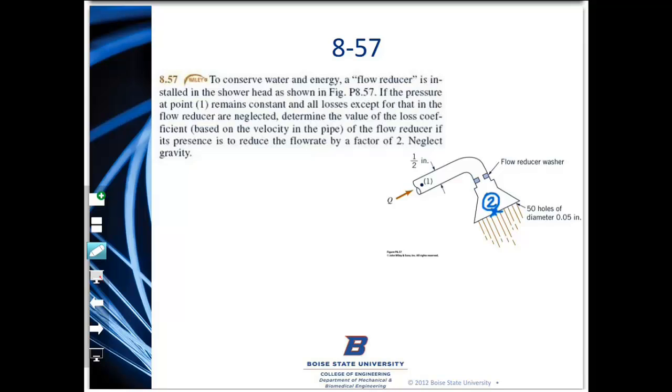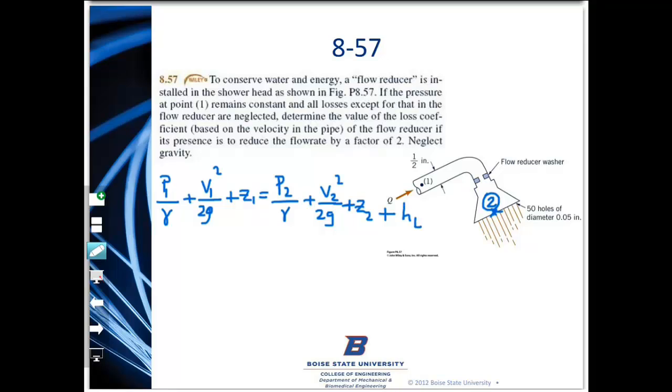Okay, so if I go ahead and write the energy equation between point 1 and 2, I get P1 over gamma plus V1 square over 2g plus Z1 equals P2 over gamma plus V2 square over 2g plus Z2, and then we should consider the losses, where this would be the total head loss, the loss due to the major losses and the minor losses, but in this case we are only interested in the flow reducer losses, which would be as a result of the minor losses, which will incorporate the loss coefficient in the problem.